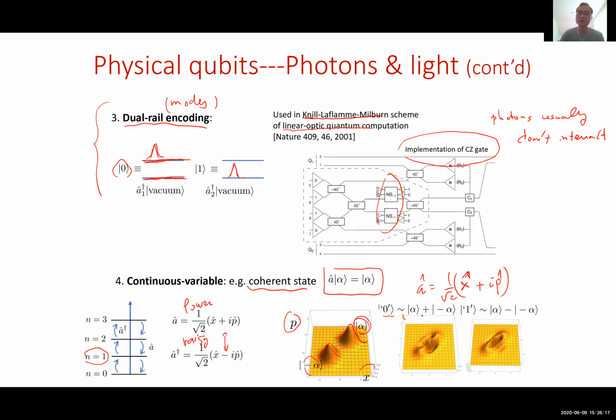But if you want to superpose in a quantum mechanical way, you should write this and then plot the so-called distribution on the x and p plane. It looks like this. Let me try to enlarge this.